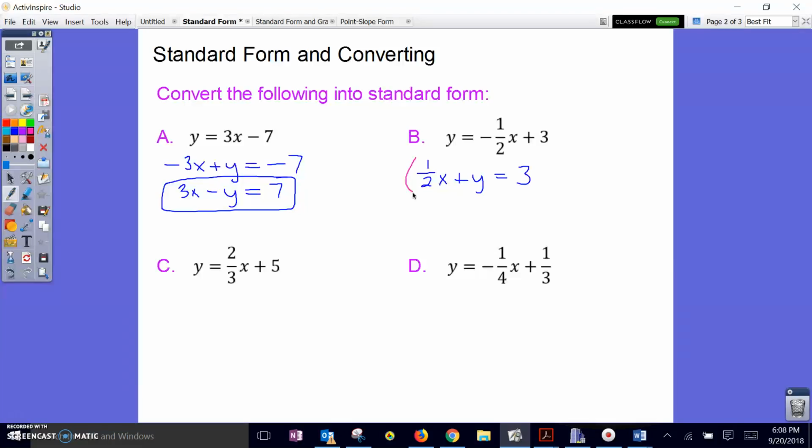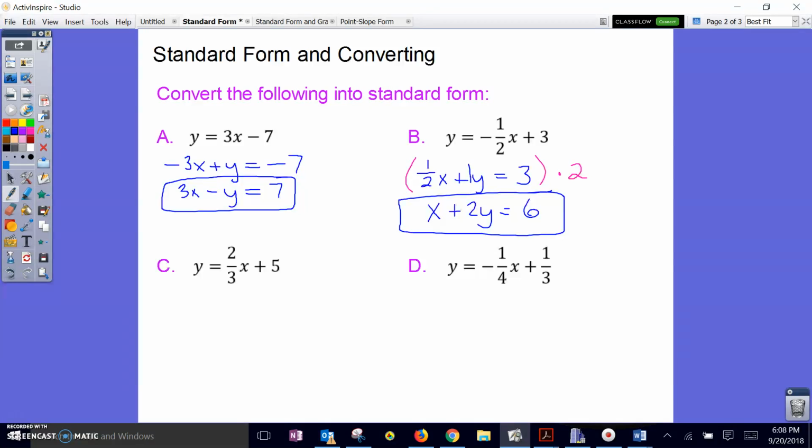So I'm going to multiply everything by 2. When I do that, the 1/2 x, multiplied by 2, just becomes 1x. When I multiply 1y by 2, it becomes 2y. And when I multiply 3 by 2, it becomes 6. And I end up with x plus 2y equals 6.